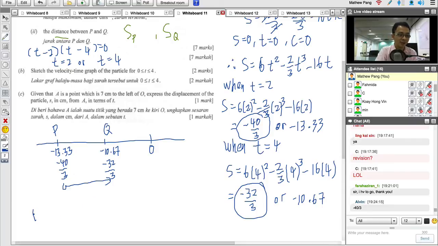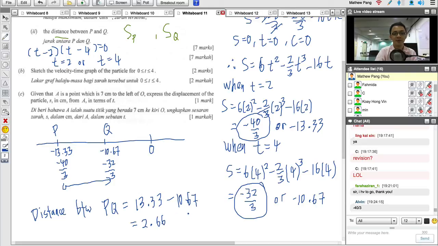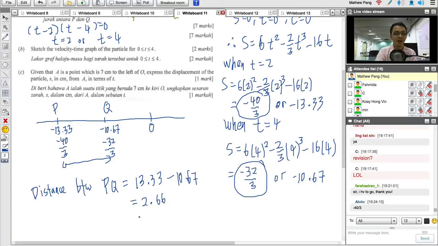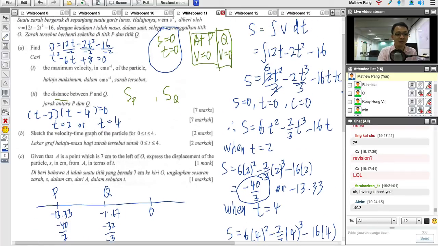So the distance between PQ will be 2.66. Of course, if you want to use the fractions to calculate this, you can do so. Wow, 7 marks for all this.